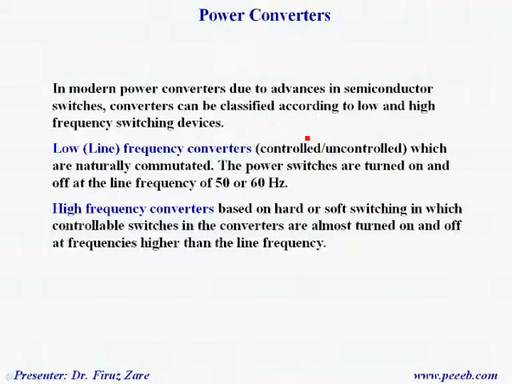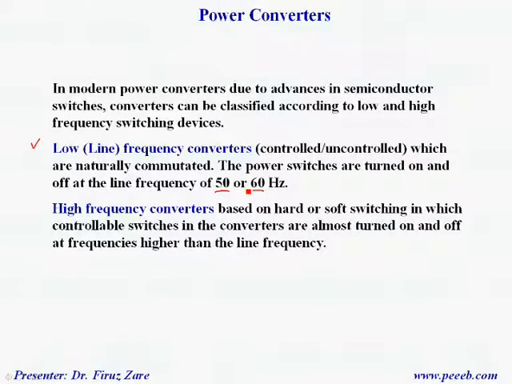In modern power converters, due to advances in semiconductor switches, converters can be classified according to low and high frequency switching devices. So the first type is low or line frequency converters, because sometimes we switch at line frequency, which can be either 50 or 60 Hertz.